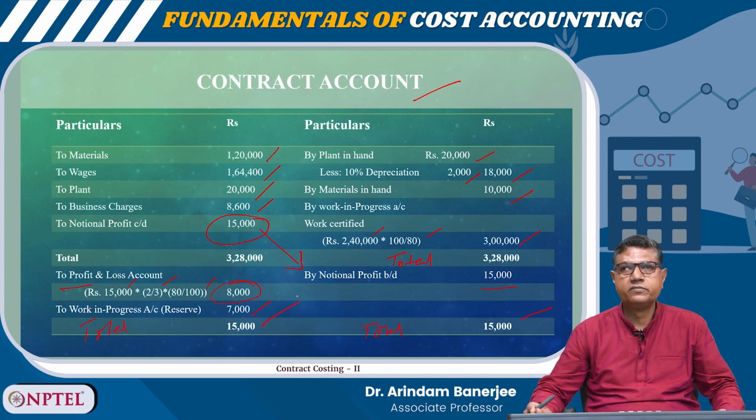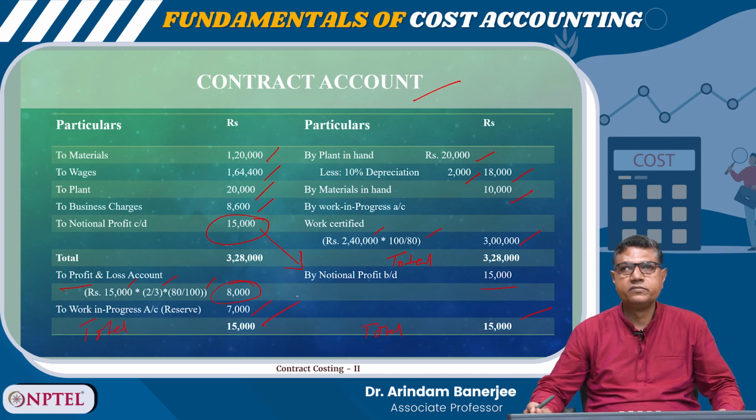So 1,662 is transferred to the profit and loss account. The remaining balance of 1,662 will remain in the work in progress account. And if I add the totals, both sides will be 3,324. So this was illustration 4.